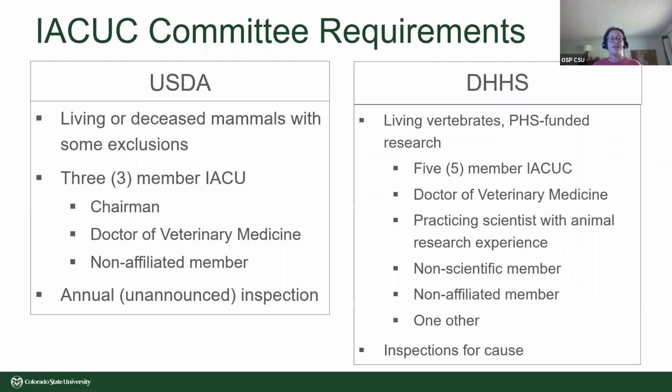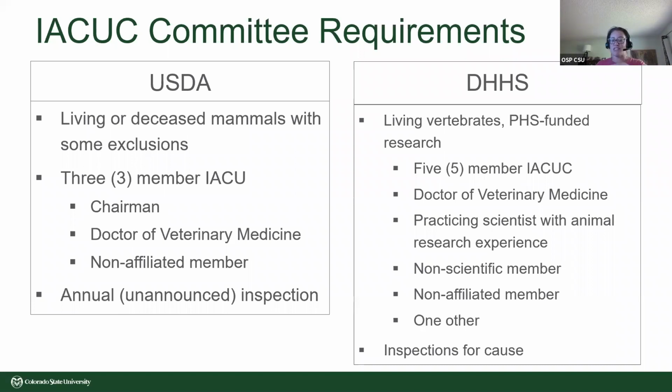The doctor of veterinary medicine could be an employee of your institution, like Lon is our vet who is actually an employee of CSU, or they could be a contracted person. It doesn't get specified there.